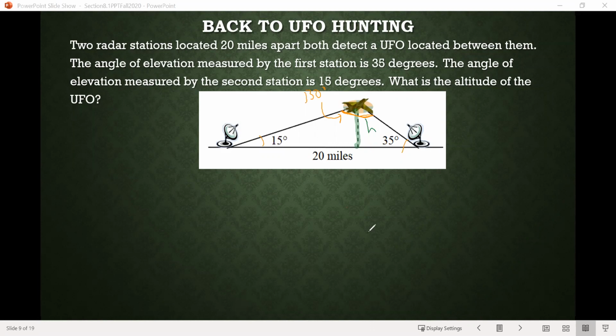Now we have the measure of an angle and the length of the opposite side, which means we can use the law of sines. We're going to use this to find the length of the side opposite the 35-degree angle. So we're going to set up sine of 130 degrees over 20, since the length of 20 miles is opposite that.